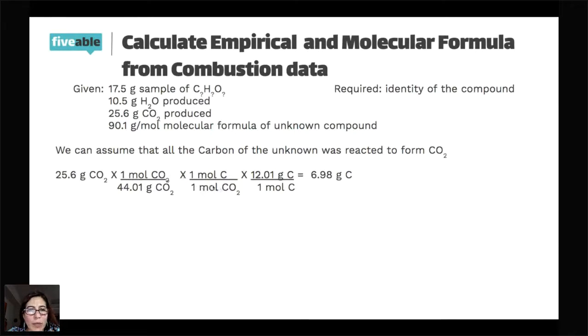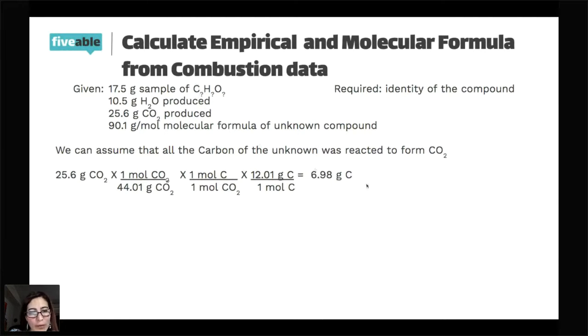And then we can do the ratio of 1 mole of carbon to 1 mole of carbon dioxide because there's only 1 atom of carbon in carbon dioxide. Then we can use the molar mass of carbon, and then we will have 6 grams of carbon that we got from the combustion apparatus, that we can assume that this amount of grams of carbon came from the sample.